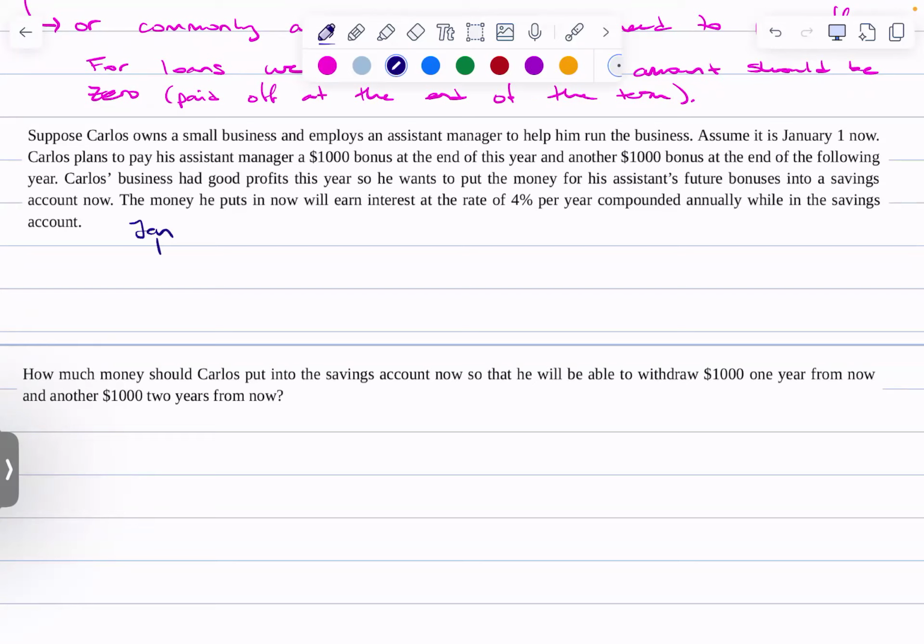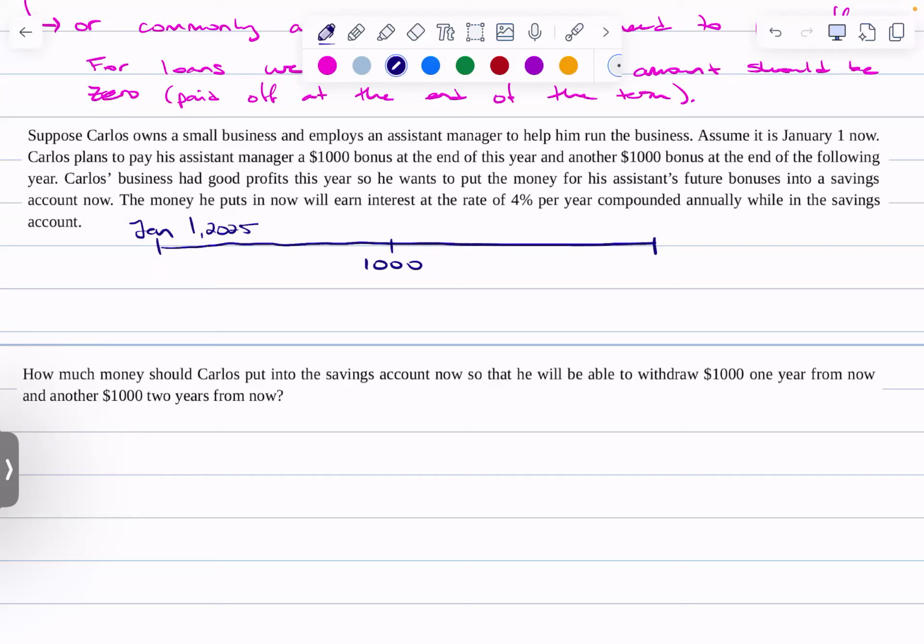We can map this out. January 1st. Let's say 2025. He's feeling flush with cash, and at the end of this year, he wants to be prepared to hand over $1,000.